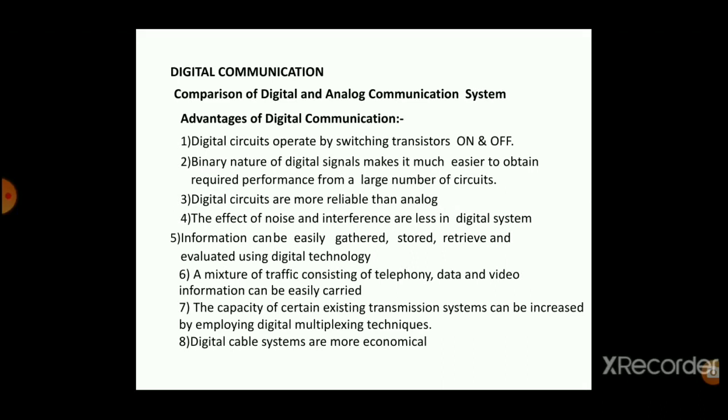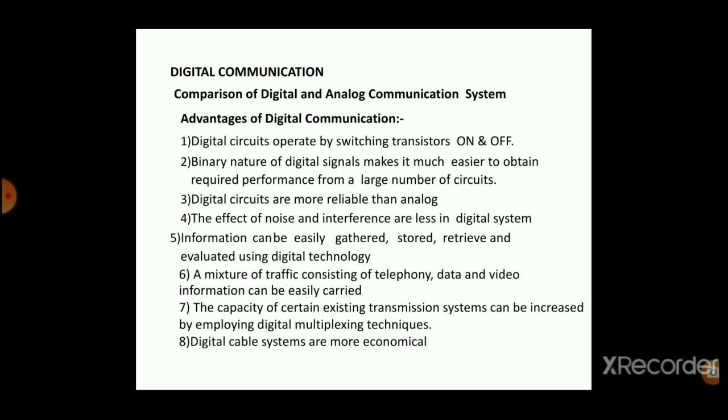Third, digital circuits are more reliable than analog. Fourth, the effect of noise and interference is less in digital system. Fifth, information can be easily gathered, stored, retrieved, and evaluated using digital technology.